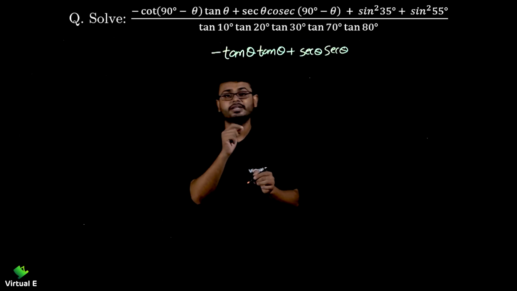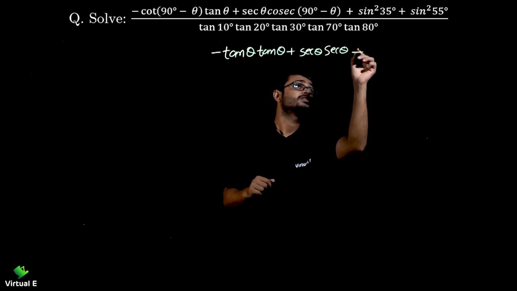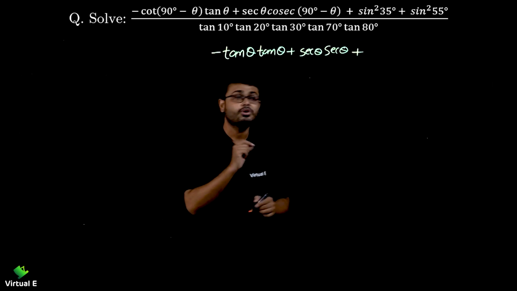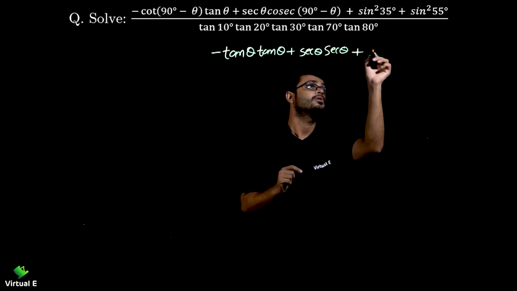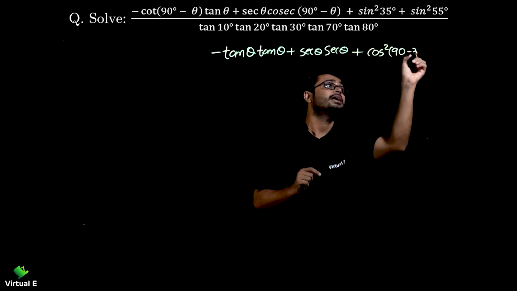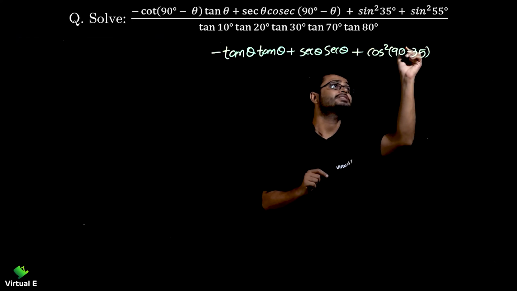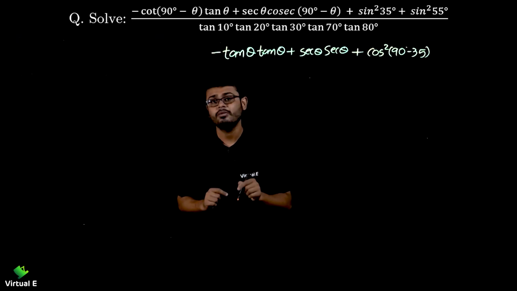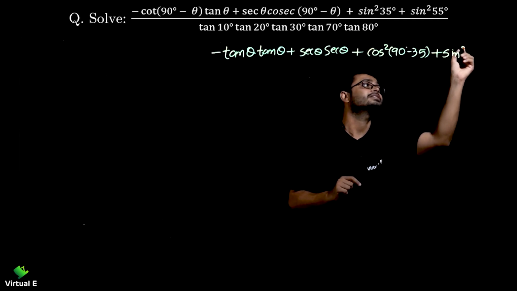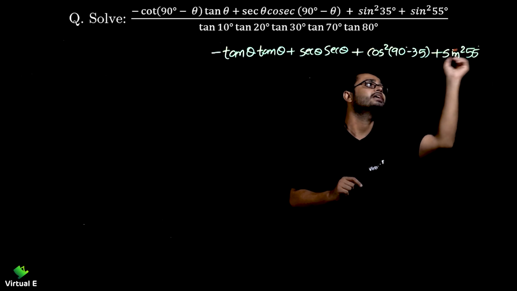Plus sine square 35. So can I convert this sine into cos? Yes, we can. So I'm going to write cos square 90 minus 35. Whatever is the angle, you need to subtract from 90. Plus sine square 55 as it is, 55 degree.